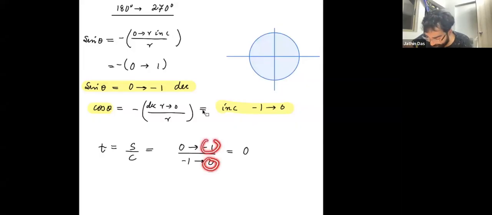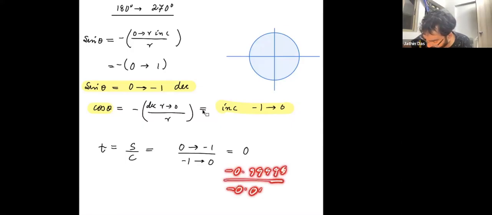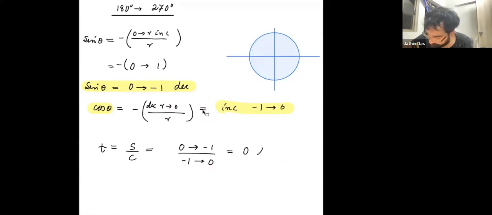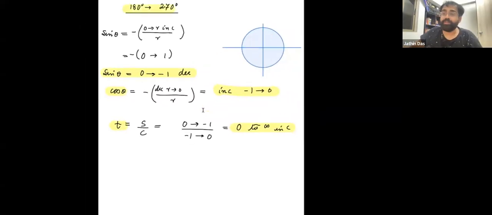This value is minus 0.99999 and this is also minus 0.00001. So the cos being negative, it will come out positive, so positive infinity will come. Clear? Yeah. So that is increase. That is 180 to 270.